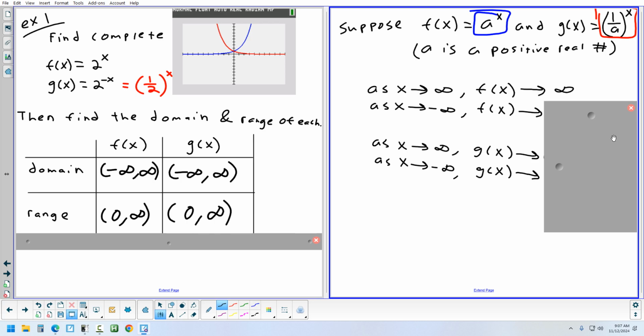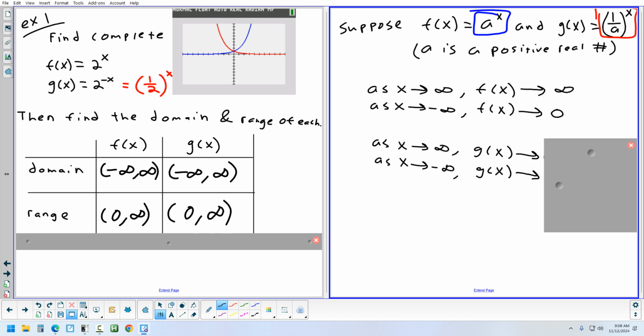As x approaches infinity, f of x also approaches infinity. James, how about as x approaches negative infinity? What happens to y in the type of graphs that are in blue? Yeah, it approaches 0. Yep. So this is just asking what happens as you head left and right on each of these kinds of graphs. Now, g of x, that's the type that would be a fraction. 1/2, 1/3, something like that.